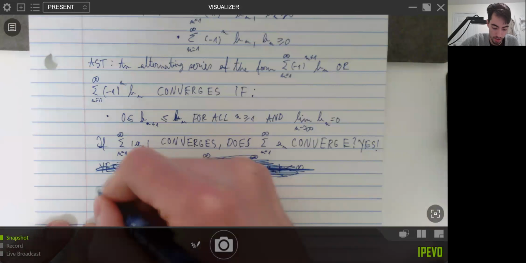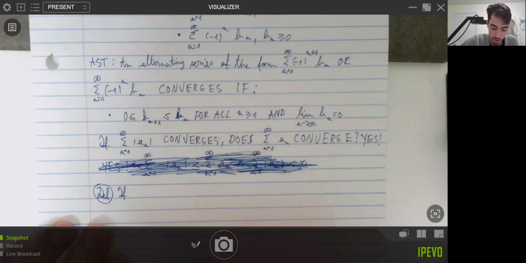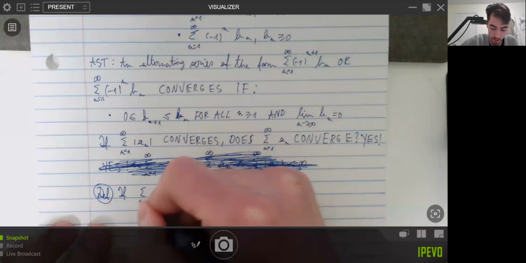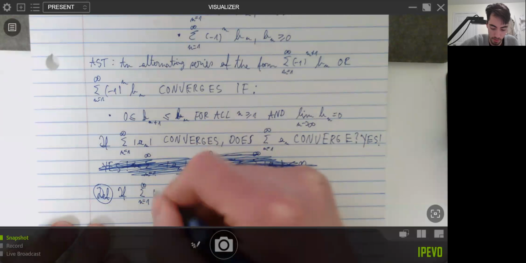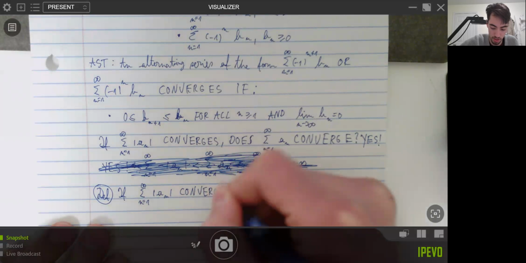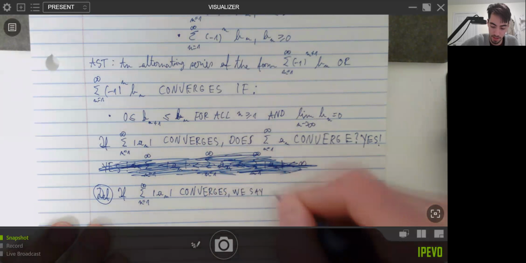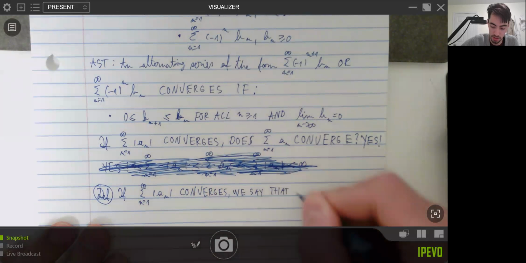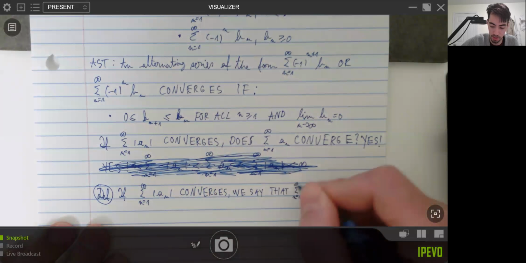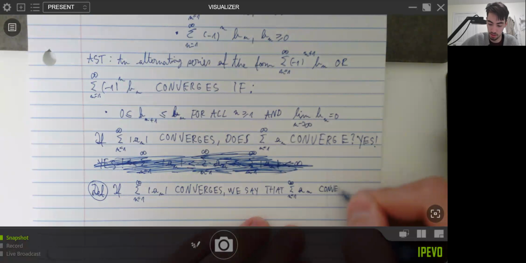Definition: if the sum from n equals 1 to infinity of the absolute values of an converges, we say that the series sum from n equals 1 to infinity of an converges absolutely.